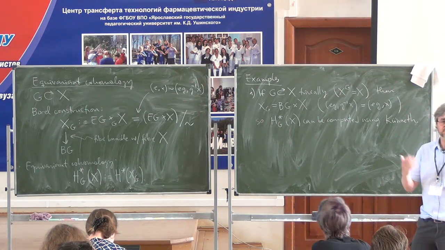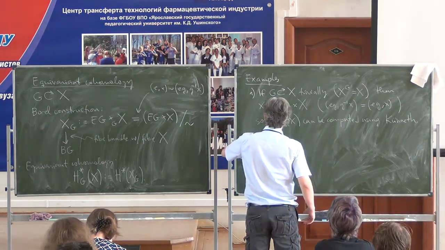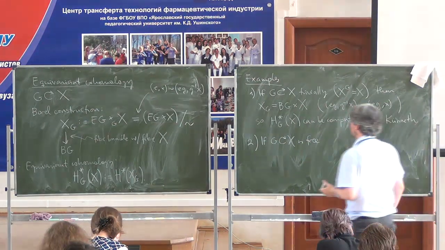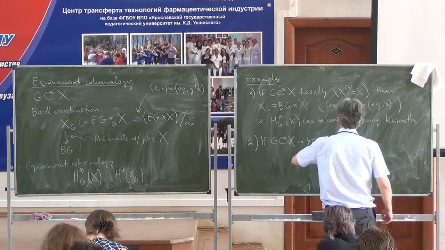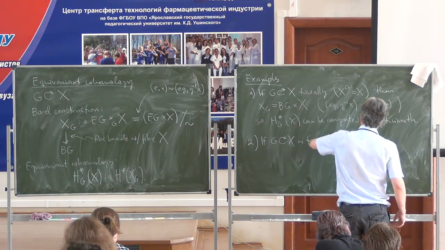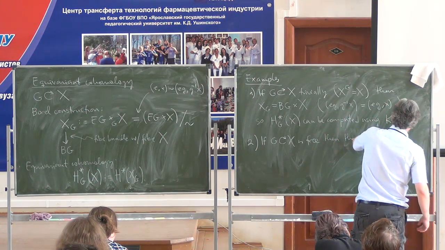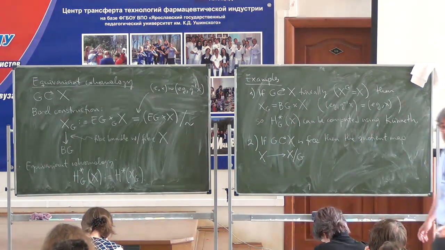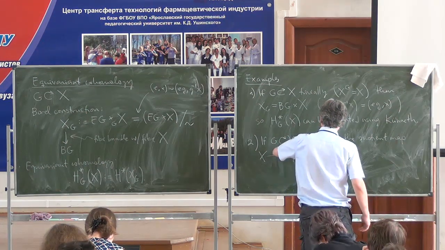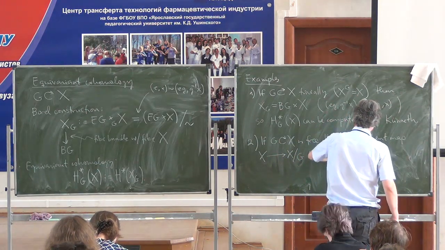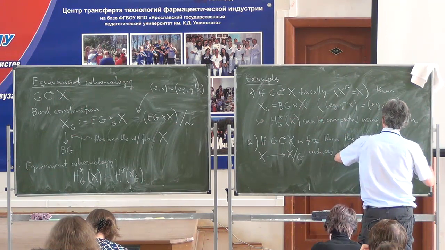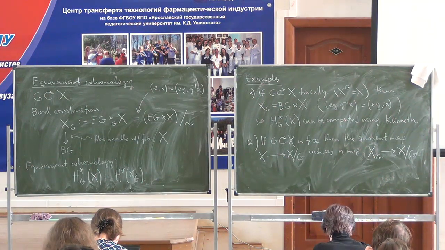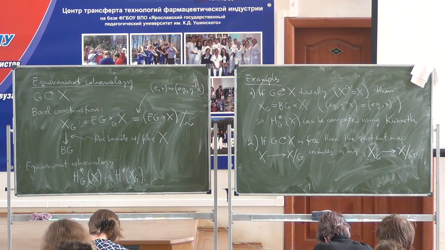The other extreme is that in which the action is free. And then you can construct the quotient map from X to X mod G, which induces a fibration from the Borel construction to X mod G, which is a fiber bundle whose fibers can be identified with EG.